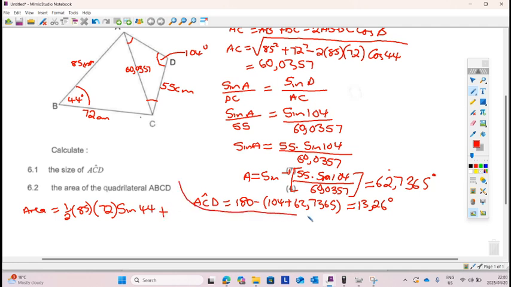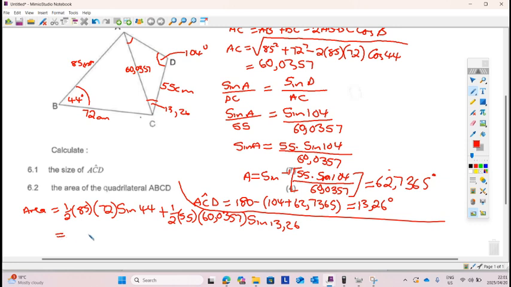plus the second triangle. I have this side here, I have this side, and then I calculated this angle. We saw that this is 13.26. So this is 1 over 2 times 55 times, we saw that this is 60.0357, and then times sine of 13.26.